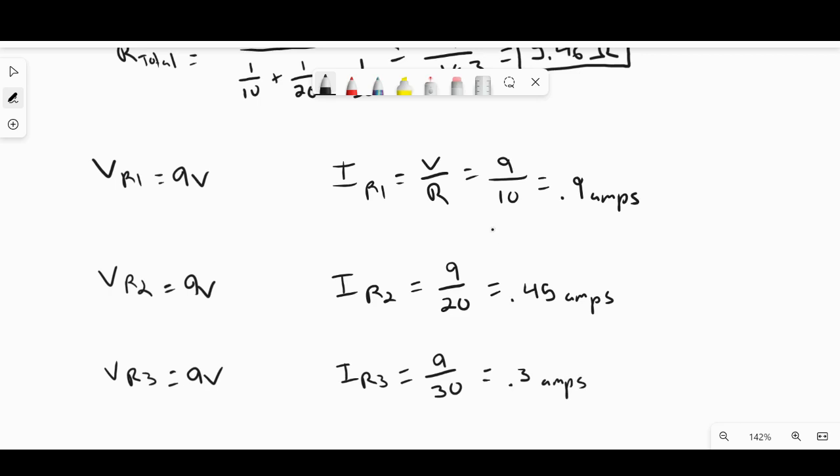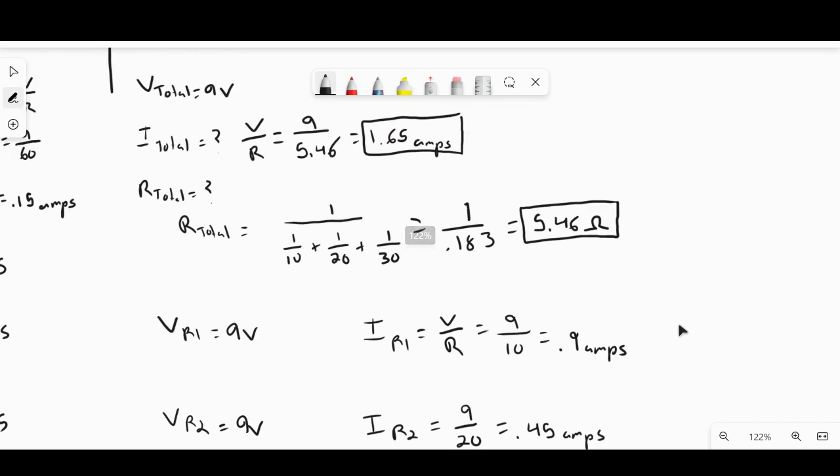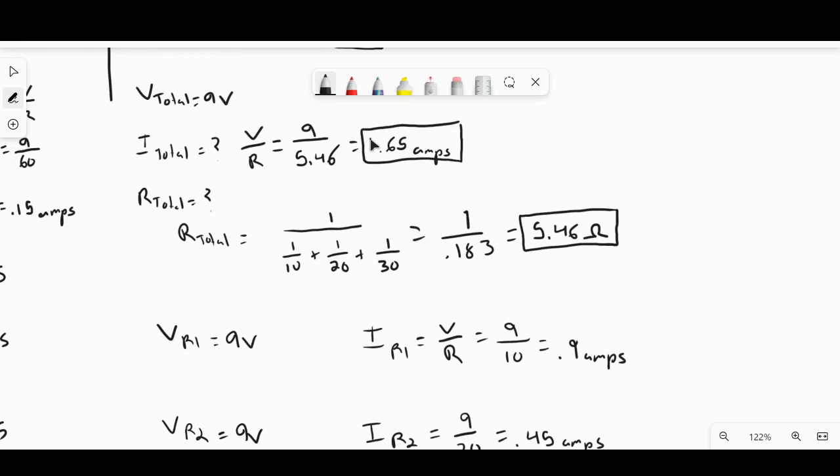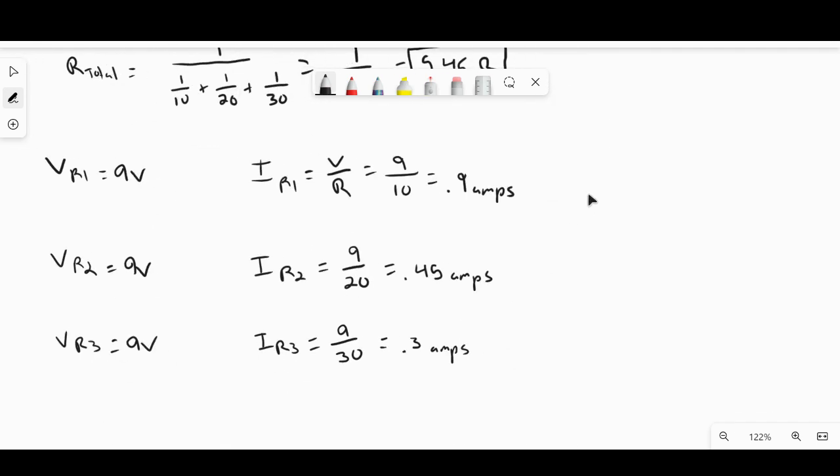So now we know the current across resistor 1, resistor 2, and resistor 3. Now, we can check our math a little bit here. We know that total current is 1.65. So let's check this out again really quick.